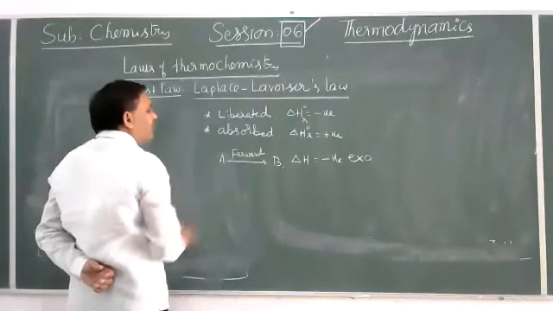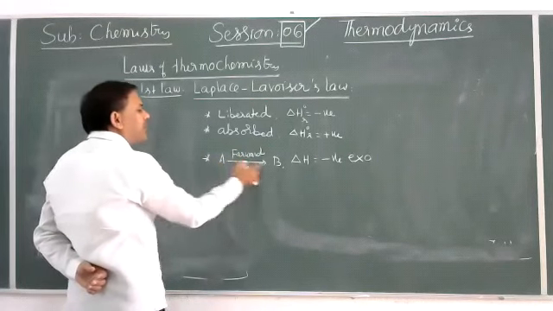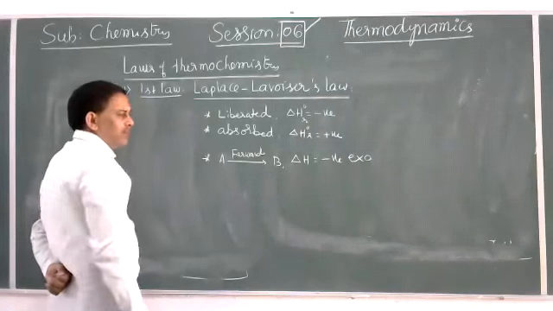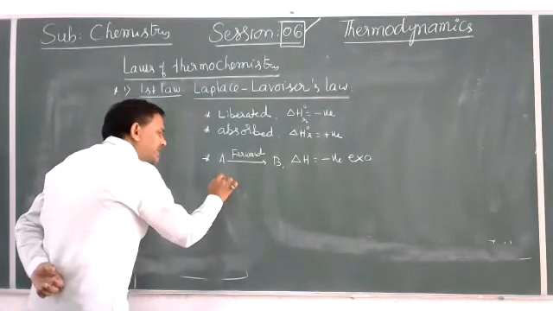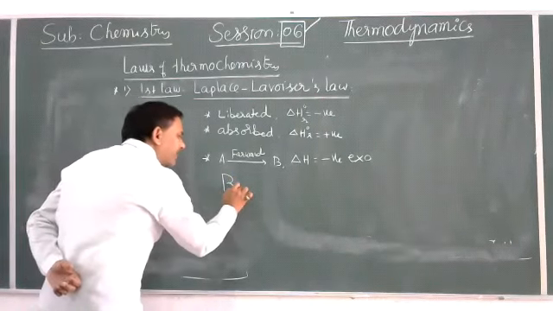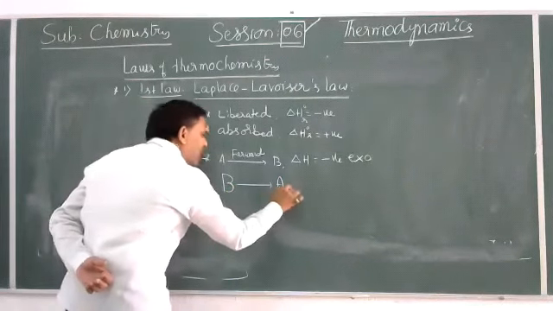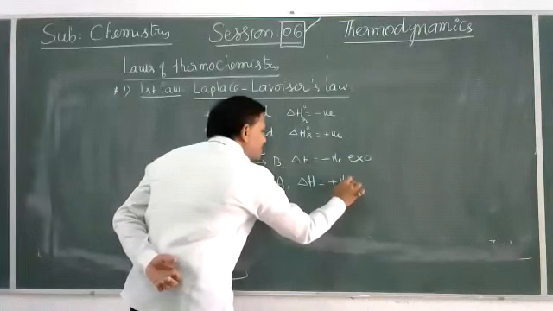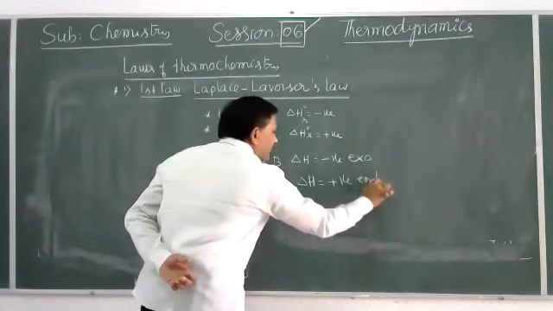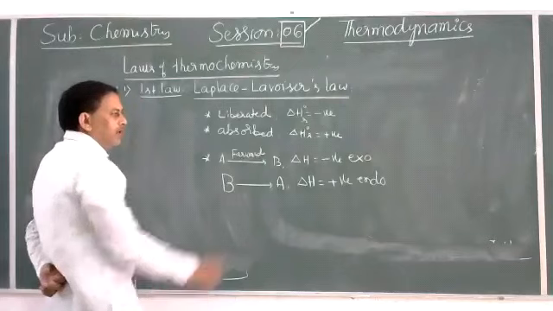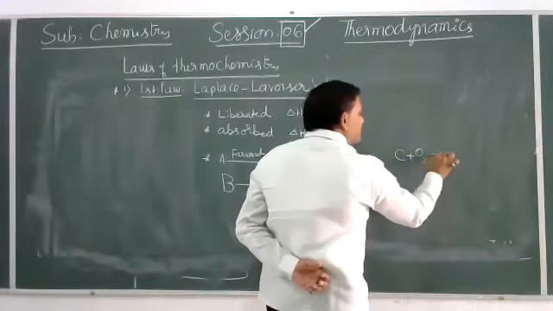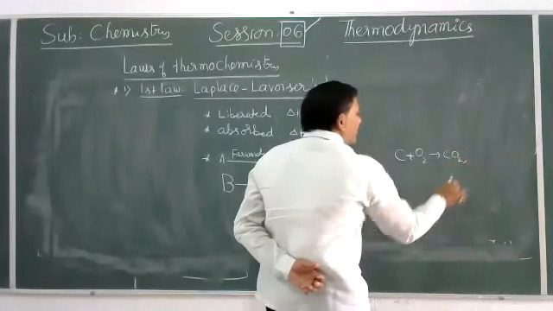In this forward reaction, an amount of heat is liberated. That's why it is an exothermic reaction. When the same reaction is reversed, B gives A. Now the delta H value is positive, endothermic. For this, I'll give C plus O2 gives CO2.